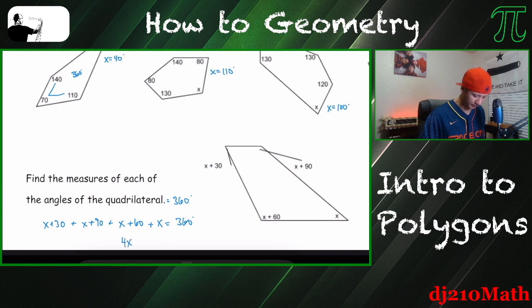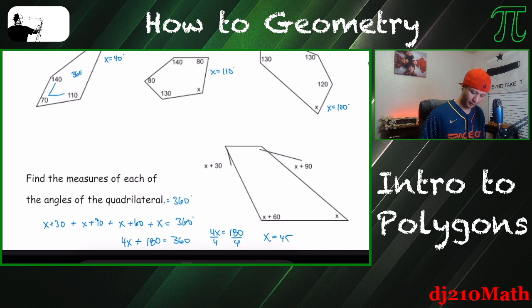So 4x plus 30, 60, 90. So 180 is equal to 360. If you subtract 180 from both sides, 4x is equal to 180. Divide both sides by 4. And x is equal to 45.